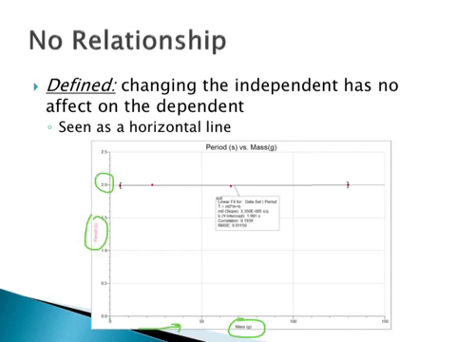So changing the mass keeps the period constant, does not change it at all. So there's no relationship. Where we may have thought that the mass would affect the period, looking at this graph, it shows that it doesn't. So anytime you see a horizontal line, that means there's no relationship between the variables. There's no effect.